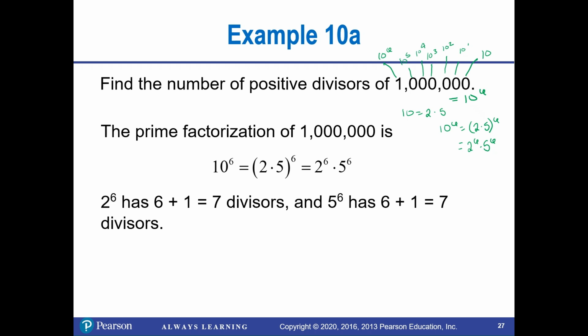So to figure out how many divisors 1 million has, I'm going to take 6 plus 1 times 6 plus 1, or 7 times 7, and see that 2 to the 6th power times 5 to the 6th power has 49 divisors. So 1 million has 49 divisors.